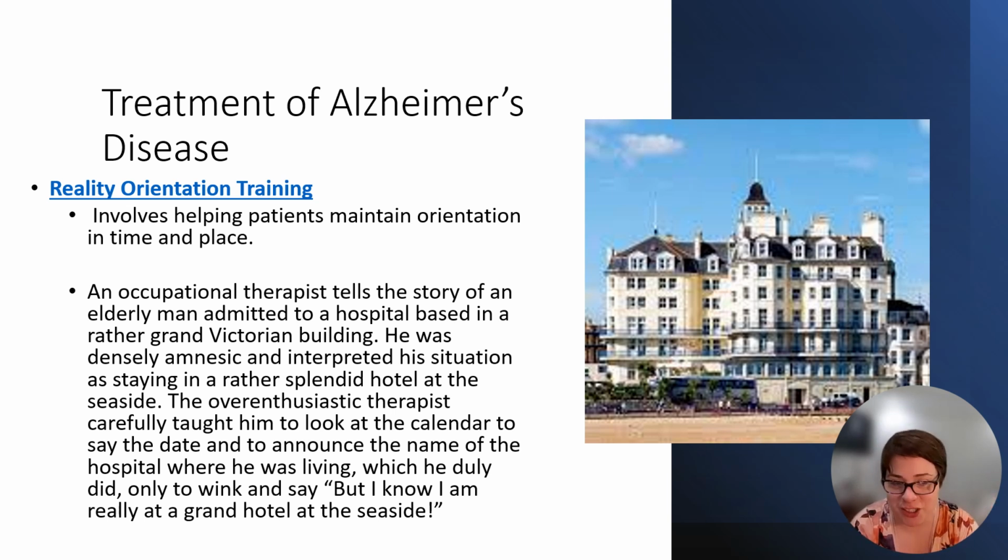And again, I would encourage you to watch the video linked in the slide. That involves helping patients become oriented to time and place. So this is, again, something that gets really disrupted in Alzheimer's disease as a result of degradation in episodic memory.